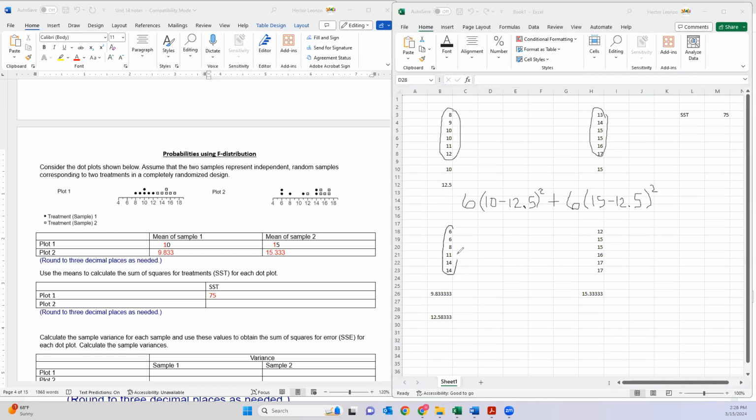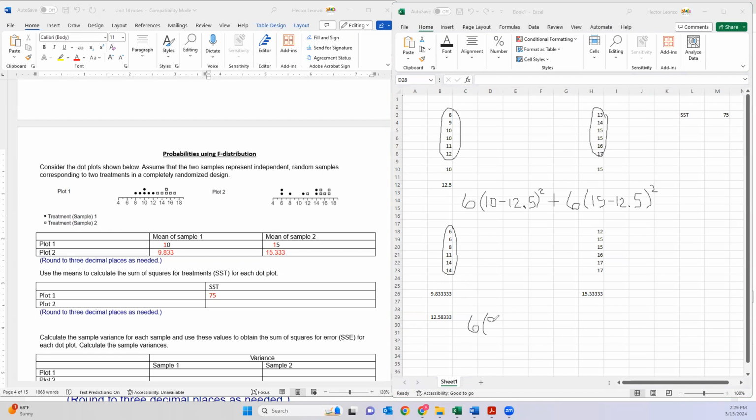I see on my first sample, on treatment sample 1, there's 6 numbers. So I'm going to write 6, open parentheses, the average of that sample minus the average of the whole plot.